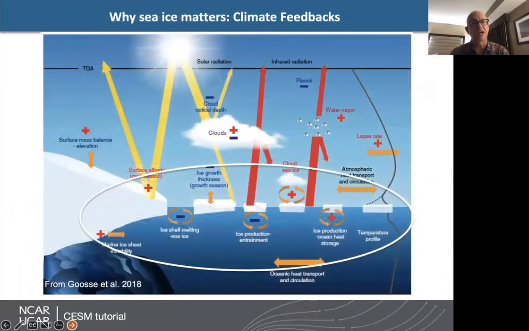Anyway, so I talked a bit about albedo on the other slide. So there's a lot of interesting things going on with shortwave and longwave fluxes in the polar regions, where you have this incoming shortwave from the sun, and then over the ice sheets and over the sea ice, it's a very bright surface in general.